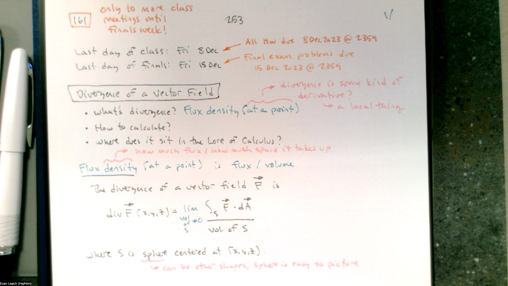What we want to see in the lore of the calculus, in the story of calculus, is for this to trigger a memory back down to where we were thinking about calculating the slope.